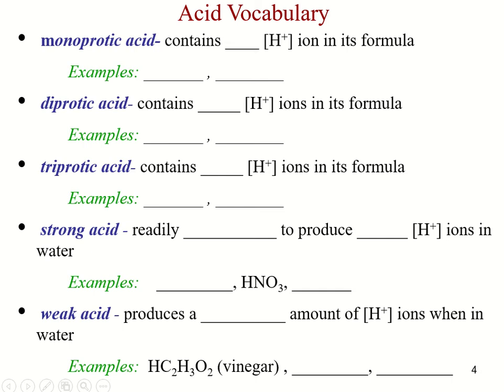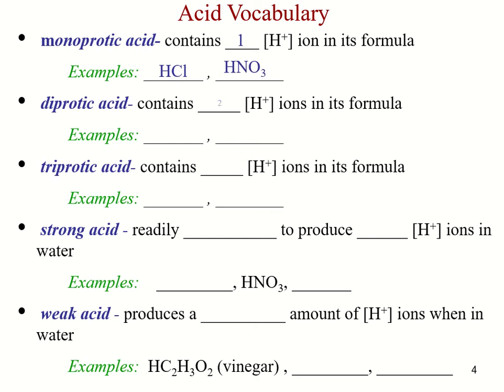So there are several different types of acid, and they don't all dissociate just one hydronium ion. Monoprotic acids contain only one hydrogen in their formula, and so they only dissociate one hydronium ion. Some examples would be hydrochloric acid or nitric acid.